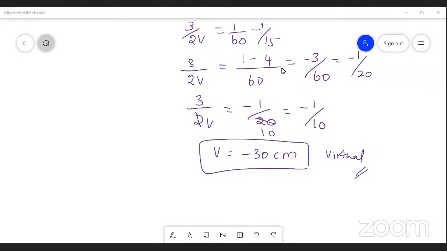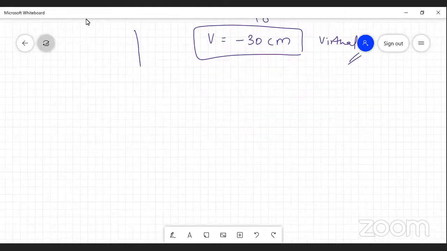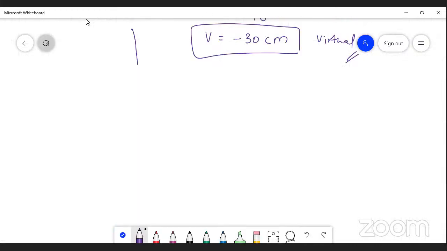And last example, give one more example, the last one.